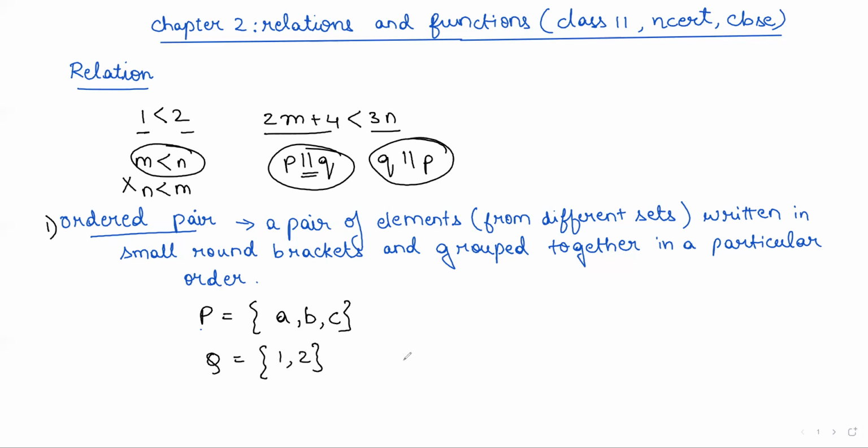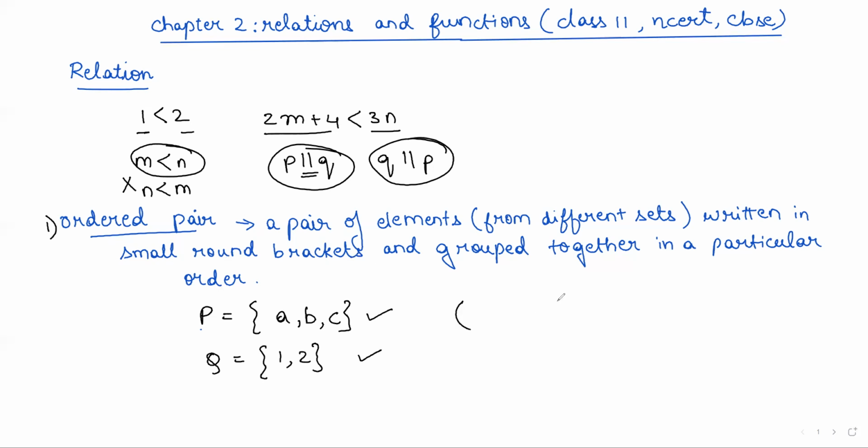An ordered pair could be a way of writing two elements, one from each set. So an ordered pair is a pair of elements from different sets P and Q. If you're talking about a pair, you'll have to take one element from P and one element from Q, written in a small round bracket.